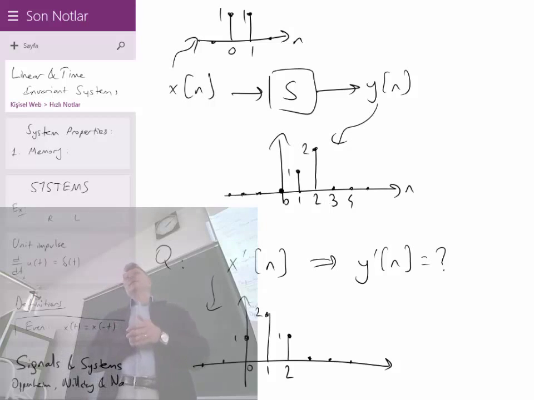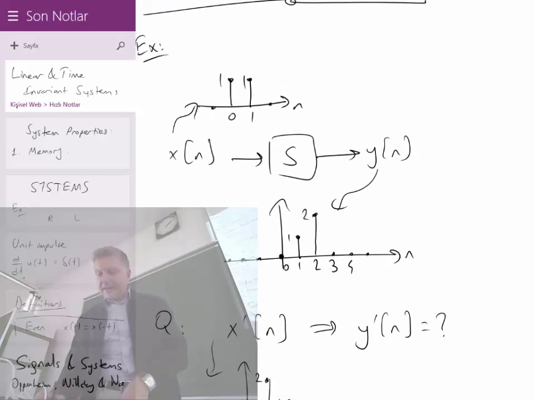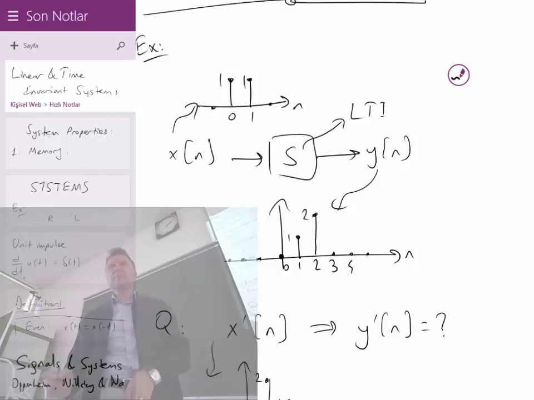Now, one thing that I didn't mention, and if I don't mention it that way, you should be telling me that, well, sir, we cannot find the result if you don't give us any information about the system S, at least in terms of the properties. Then I have to tell you that it's also given that this S is an LTI system.